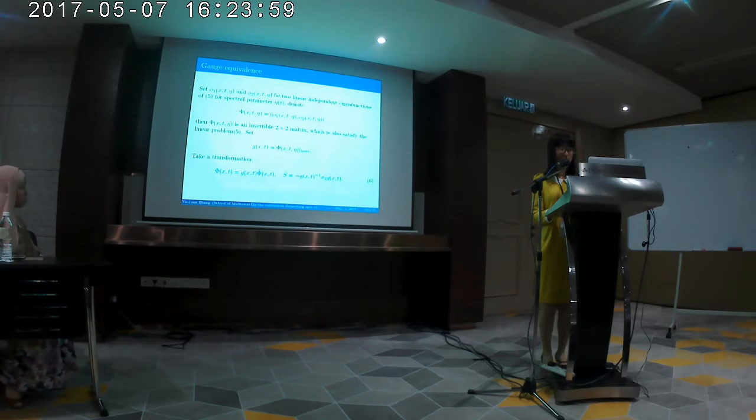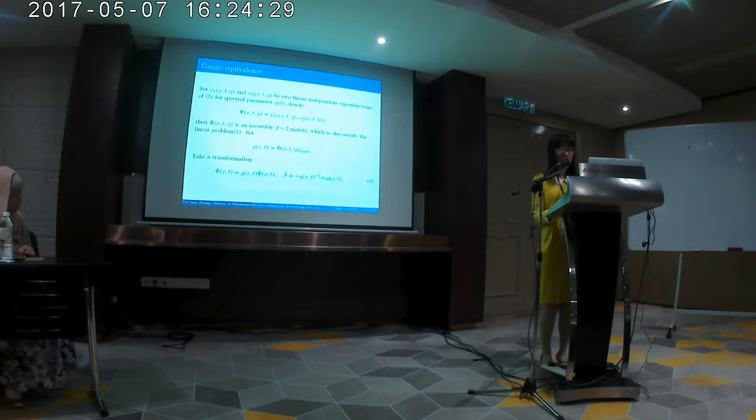Now we introduce the gauge equivalence of these two equations. Let phi 1 and phi 2 be two linearly independent eigenfunctions of phi for spectral parameter eta t, and denote the capital Phi equal to phi 1 and phi 2 as a 2 times 2 matrix, and we assume that it is invertible, which also satisfies the linear problem.